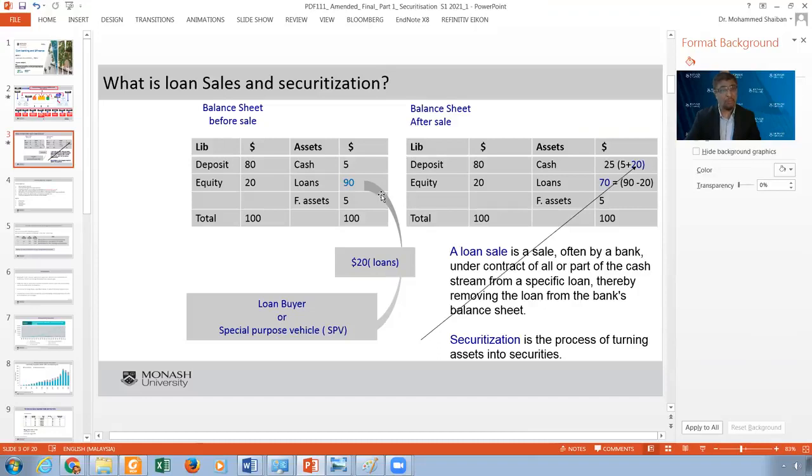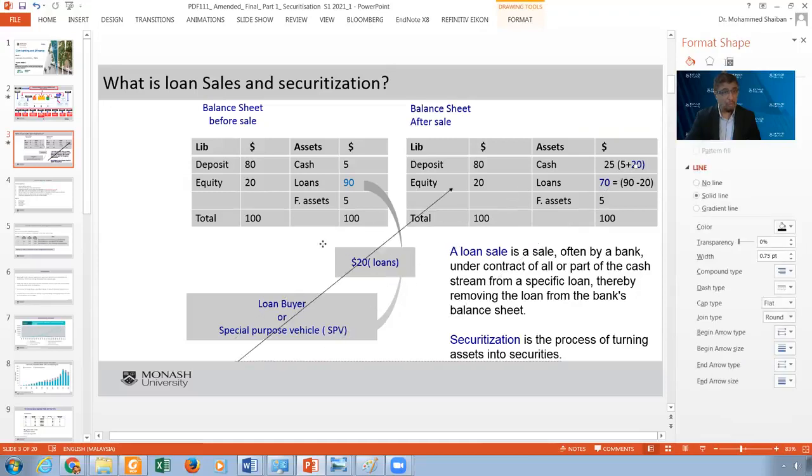For example, I have this balance sheet, which is before the securitization or the loan sales. As you can see, I have loans of 90. When we talk about loans equal to 90, it's in my banking book, those assets that I will keep till maturity.